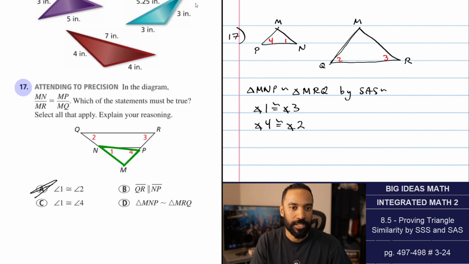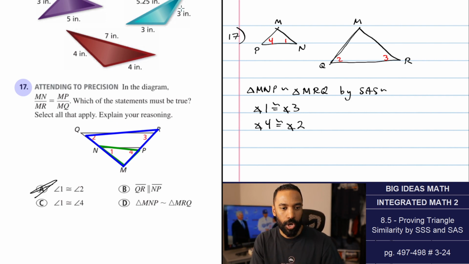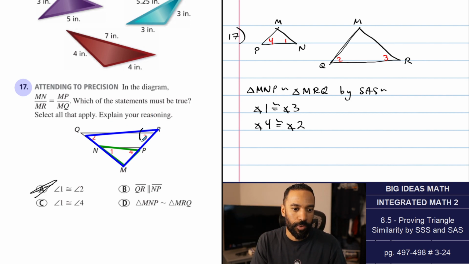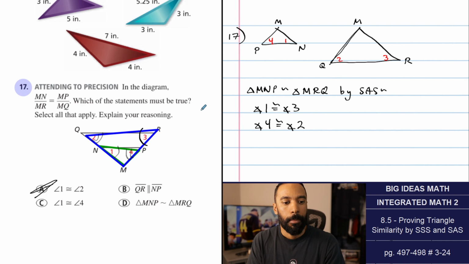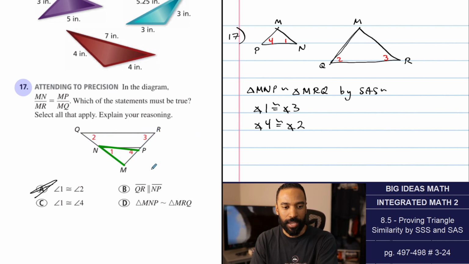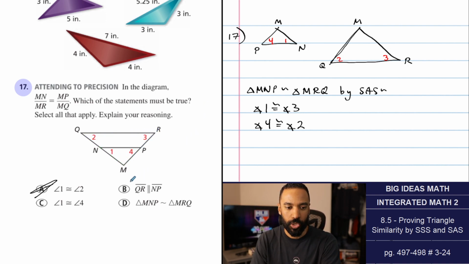And because other parts correspond in this way with the angles that are congruent, it would be maybe more like this. There's possibly a bend that looks like that, where R is congruent to N, and P is congruent to Q, kind of more obtuse. But they're not parallel in that way. So also not true. Kind of a tricky question because of the way that they drew it.